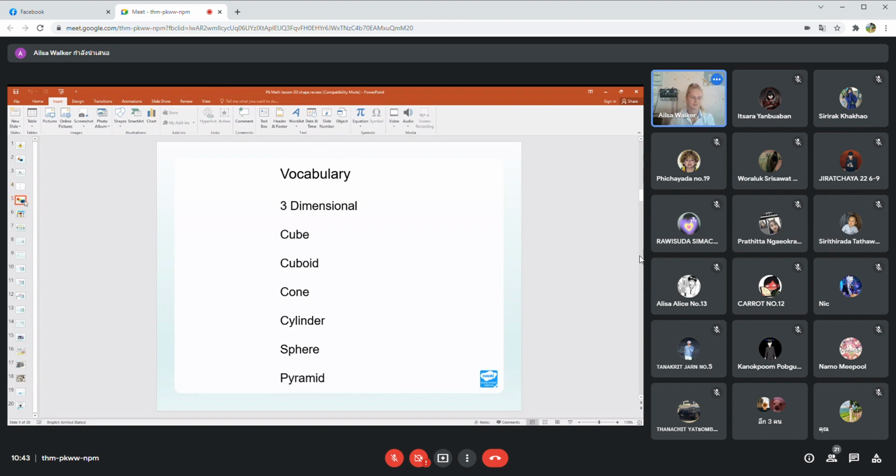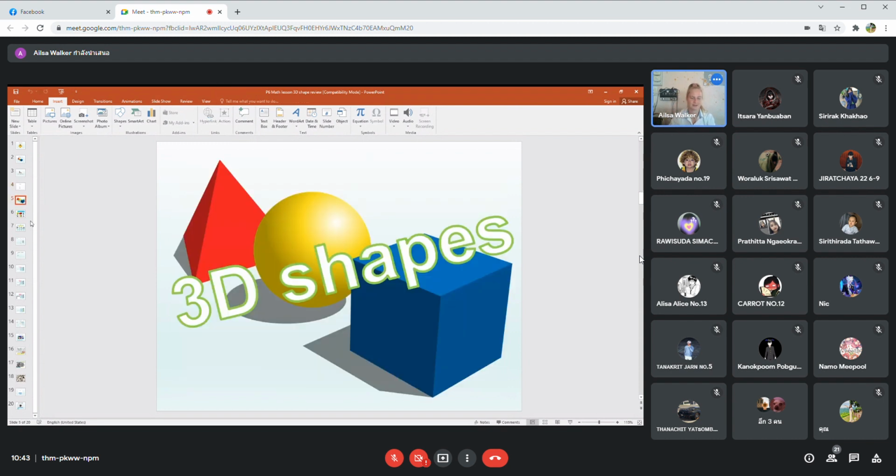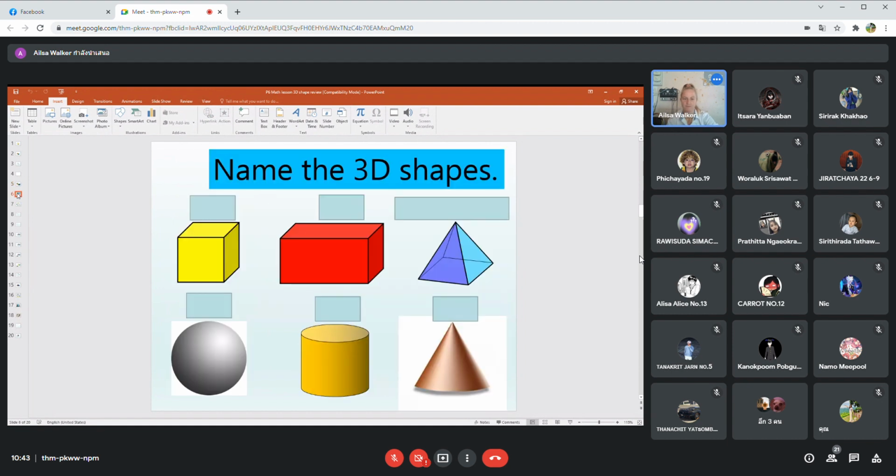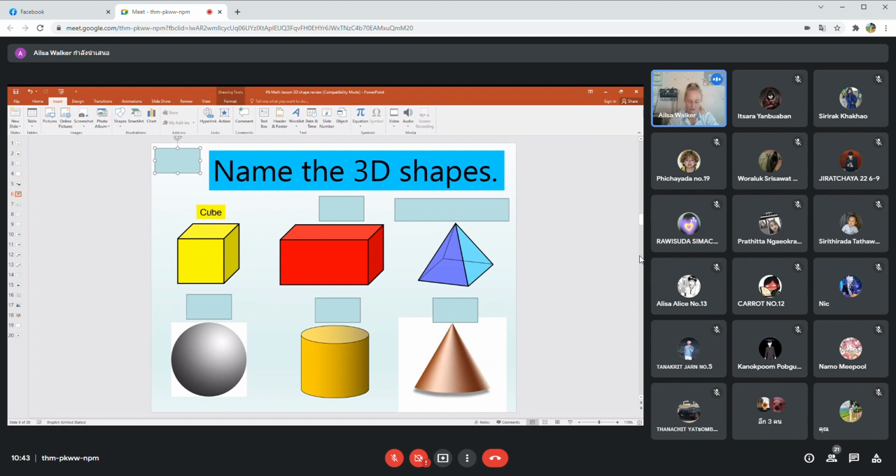Very good. Okay, so let's take a look at some of our 3D shapes. First, I'm going to ask Mark. Cube. Very good. Guide, what is this red shape? Cuboid.